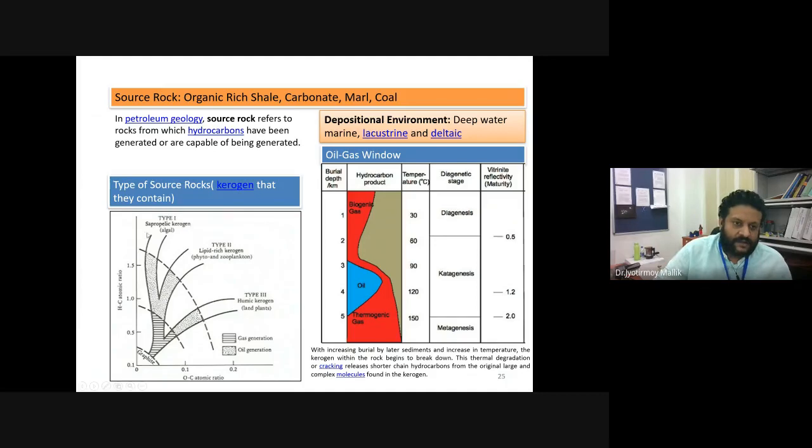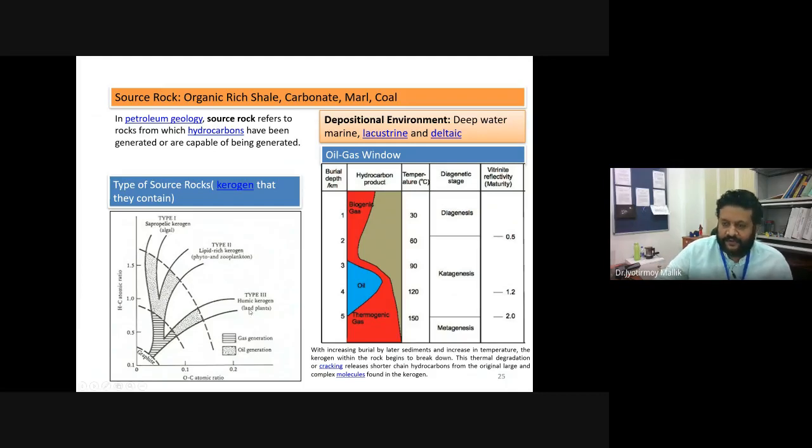humic kerogen. So the sapropelic kerogen comes from algal matter. Okay, if algal matter is present in your source rock in abundance, we will call it a type 1 or a sapropelic kerogen rich source rock. If phyto and zooplanktons significantly contribute to the TOC of the source rock, then we will call it a lipid rich kerogen or a type 2 source rock.